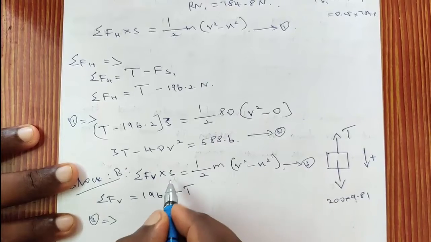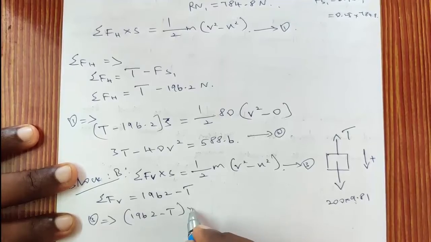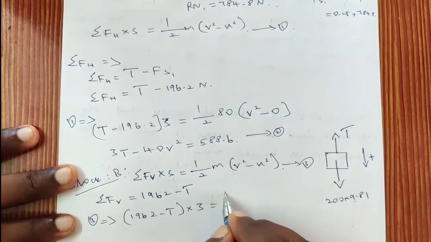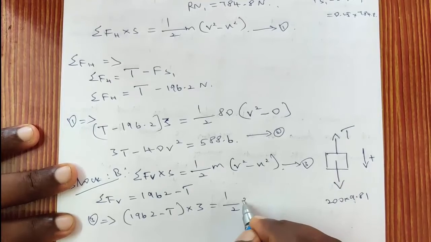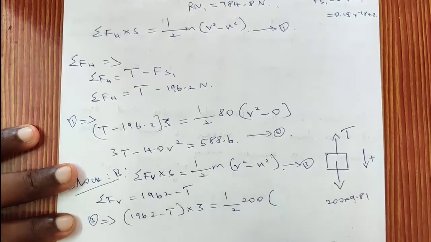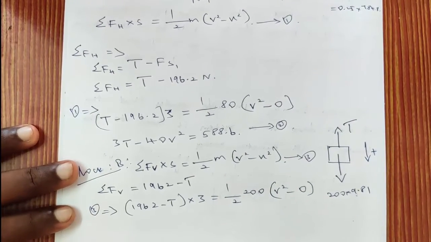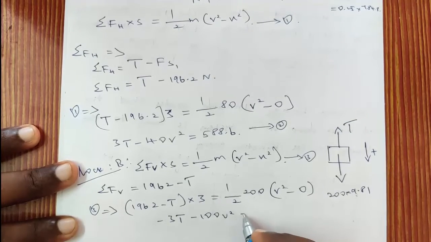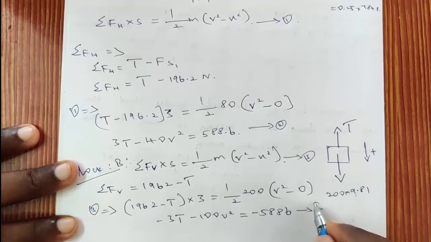So now equation 3 becomes (1962 minus T) into the S, which is given, it is 3 meter, is equal to half m. Here the mass is the mass of the second block, it is 200, and v square minus u, which is 0. If you solve this equation, finally you will get minus 3T minus 100 v square is equal to minus 5886. Consider this as equation number 4.